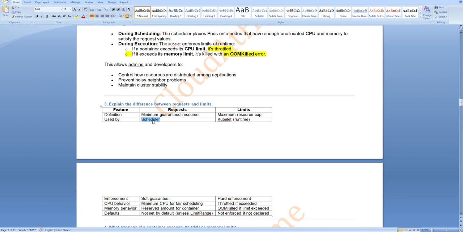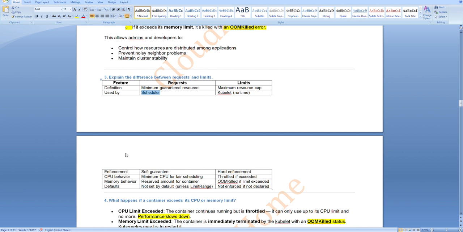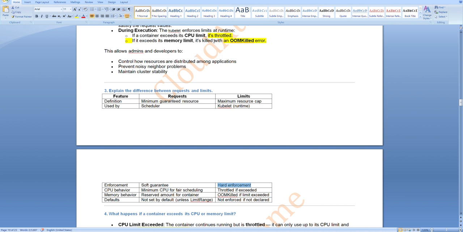The scheduler is going to put the pod on the node based on the available resources, CPU and memory. What is enforcement? It is softly guaranteed and hard enforced. It is softly placed whenever the resource is there, and it is getting killed or throttled whenever it meets the condition.